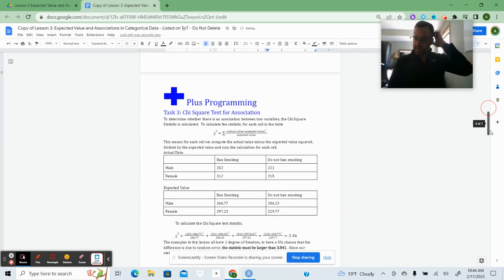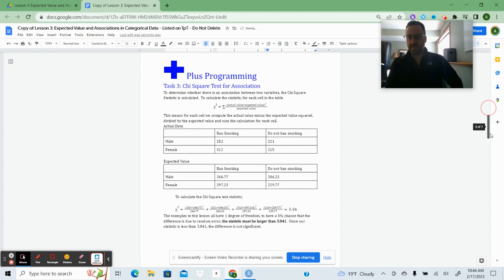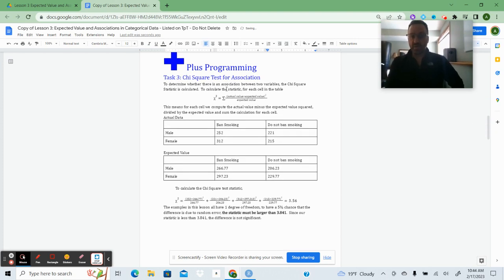So next, what we're going to do is talk about the chi-square statistic to test for a significance in association. So what you do is you take the actual value minus the expected value in parentheses, and you square it and divide it by the expected value for each cell in the table. So here we do 252 minus 266.77 squared divided by 266.77, and then just keep adding these parts.